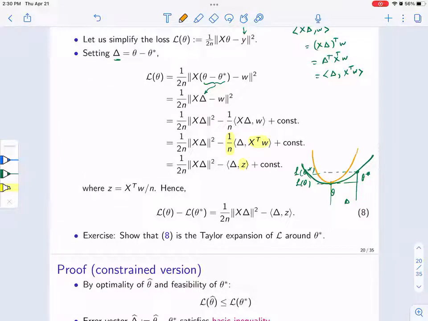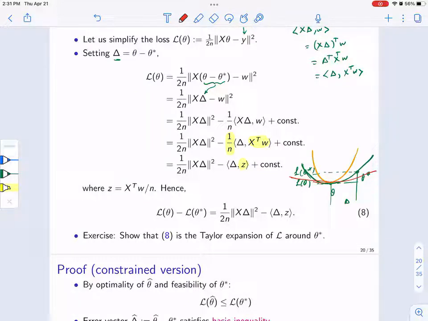So if this doesn't change much as you vary delta, it means that the curvature is small. So it's like this is almost flat. But if it varies a lot as you move delta, then the curvature is high. And we know that in high dimensions, there are directions in which this is really flat, and there are directions in which hopefully you have curvature.